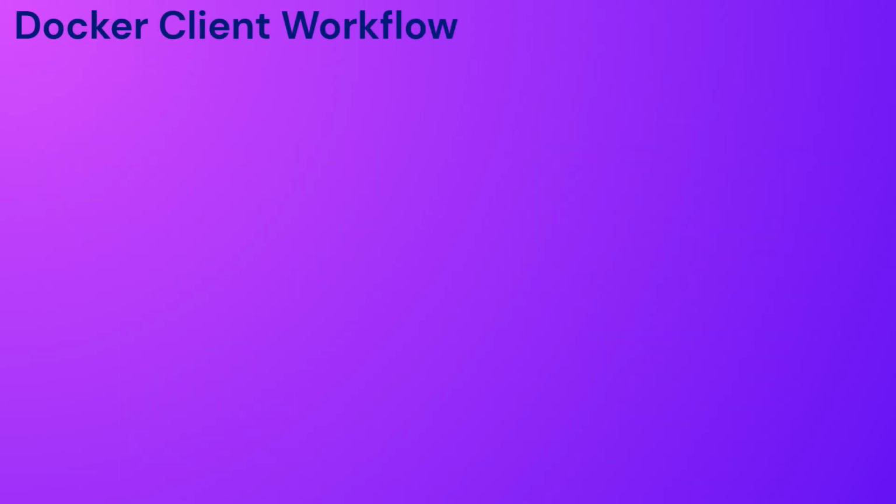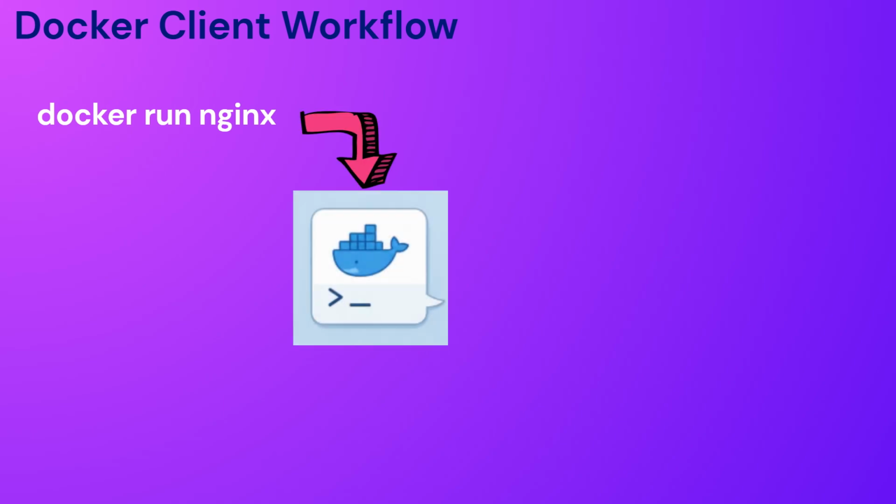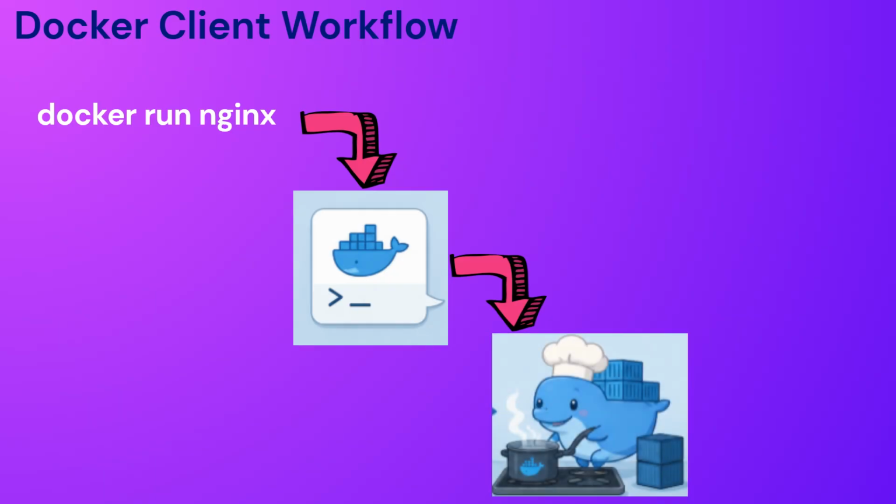Let's see what happens when we execute a command. Suppose I type docker run nginx. The Docker client receives the command. At this point, the client understands that the user wants to run an Nginx container. Then the Docker client forwards the request to the Docker daemon.